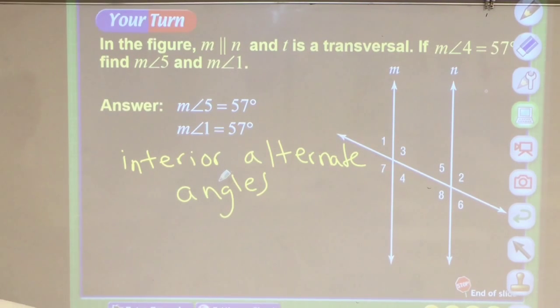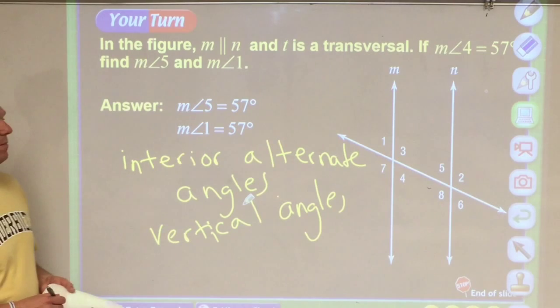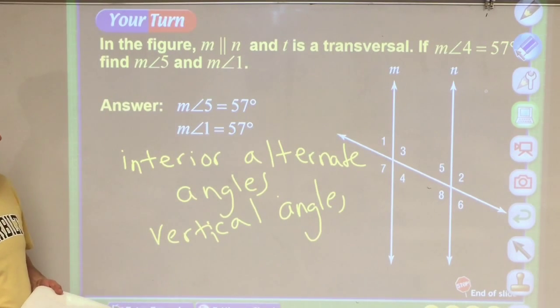So here's the word I'm using: vertical angles, that would be 1 and 4. So 2 different ways to find the answer.